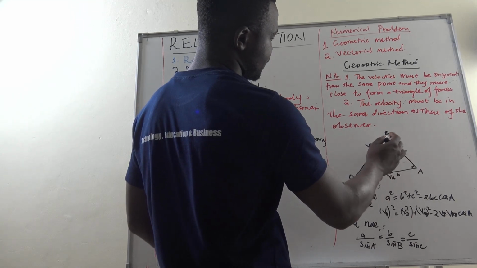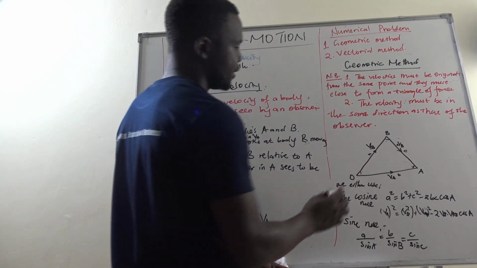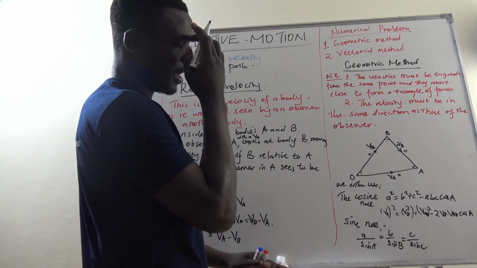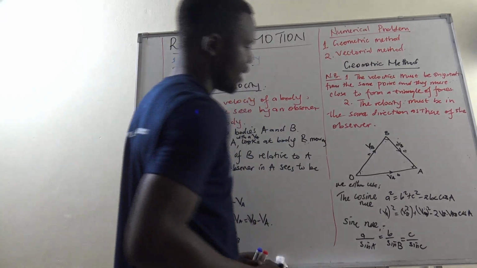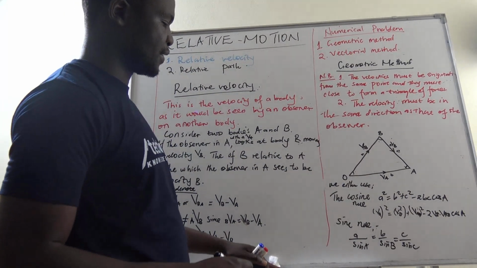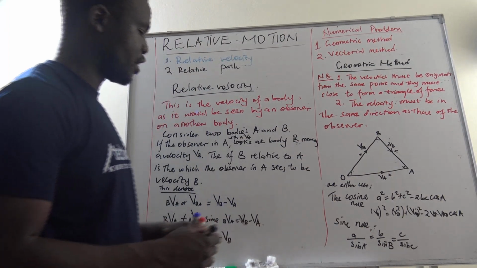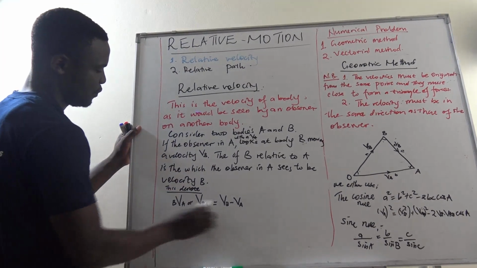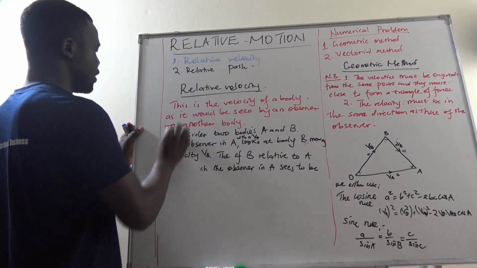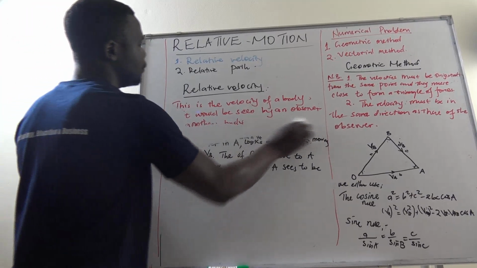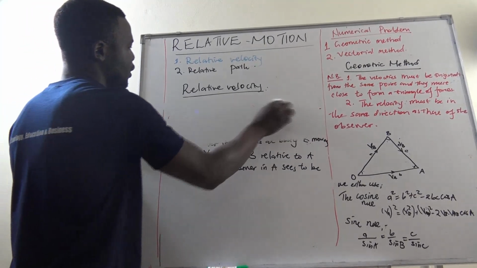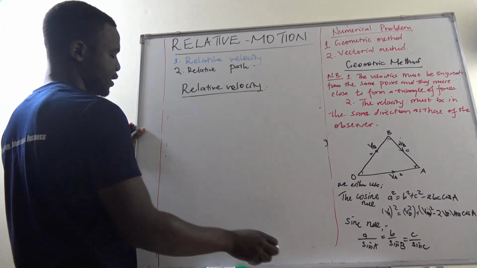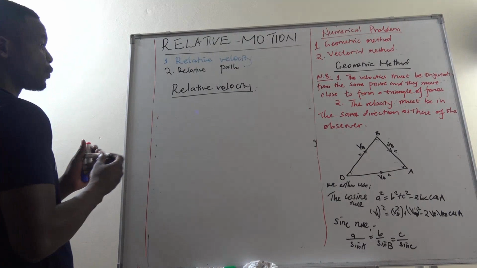This is angle A, this is angle B, and the side that faces the angle is what becomes that velocity along there. So that is how we would use the geometrical method to calculate the relative velocity of a body. And please take note of these things. Be careful with them. Question comes, it is always simple and it always has a lot of marks.